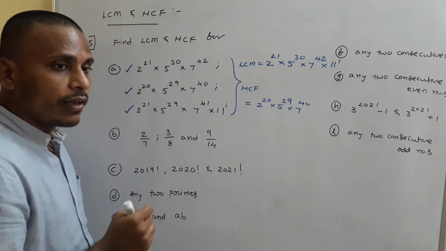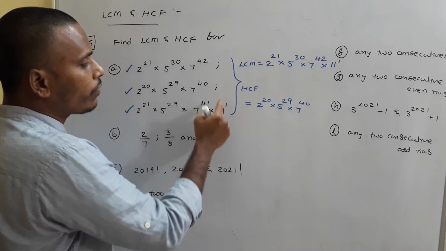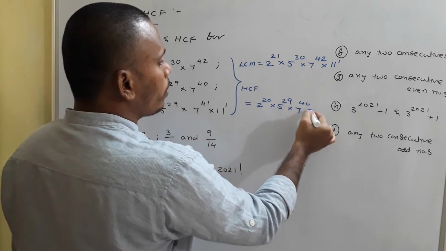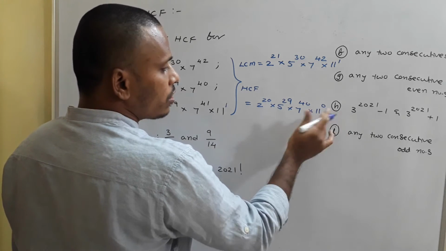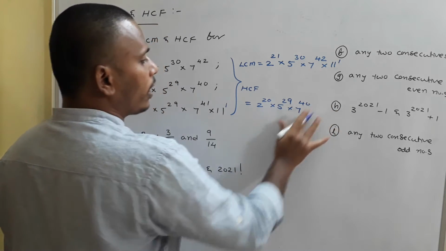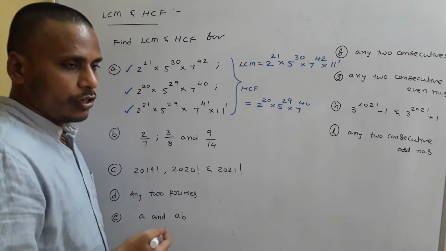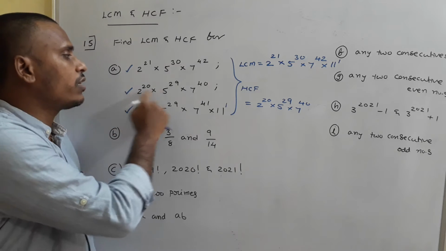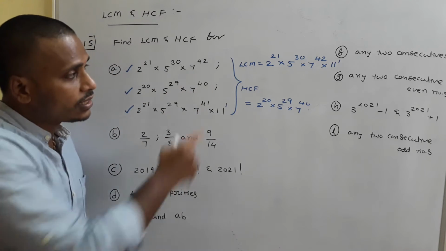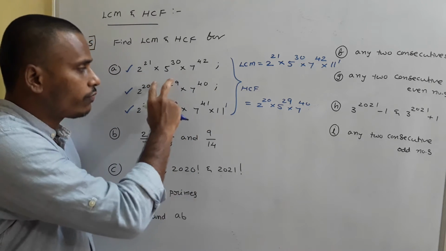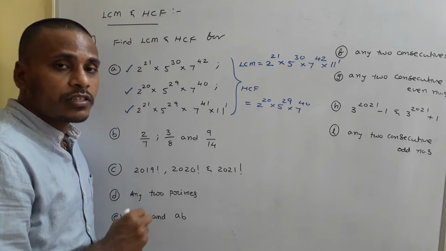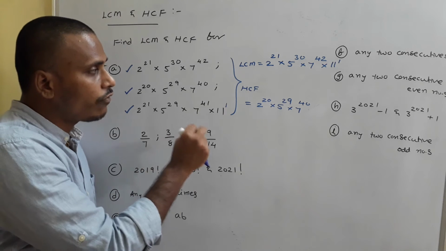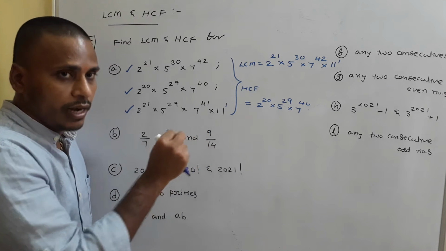Coming to 11, it is 11 power 0 in all three, so the minimum is 11 power 0. Since it is 1, no problem if you neglect this. So this is the HCF: for the three given numbers, HCF is this second number, whereas LCM is that particular number. If numbers are expressed as prime factorization, this is the way of finding LCM and HCF.